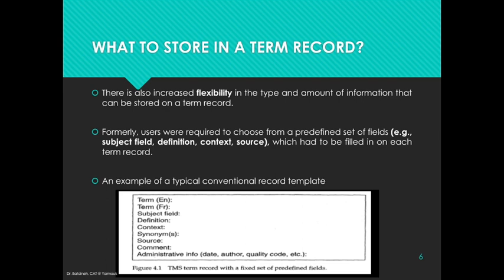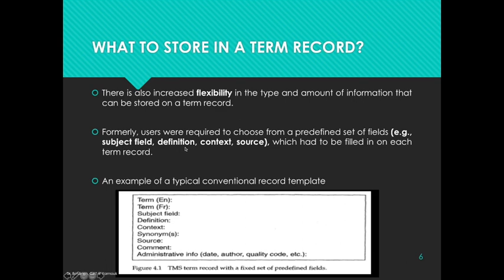An example is the word customs. Customs in airport or technical translation could mean one thing, but if we are talking in the general sense, it means adat wa taqalid. So subject field is a place where you specify the subject field or the domain of the term.